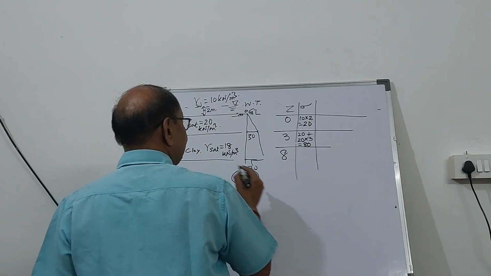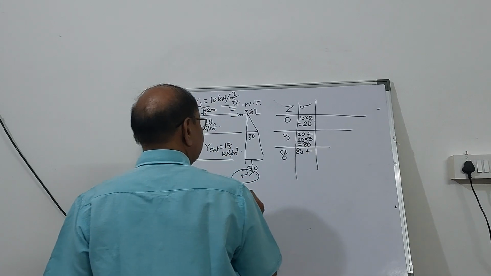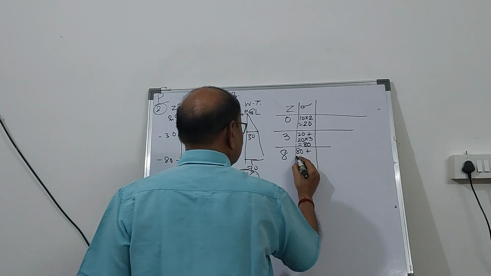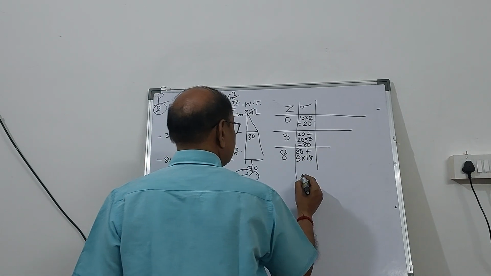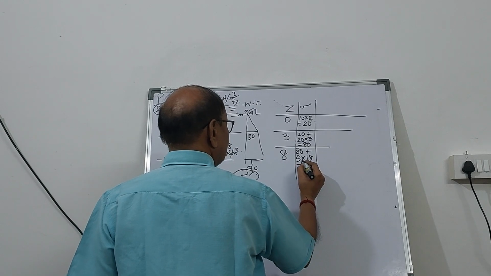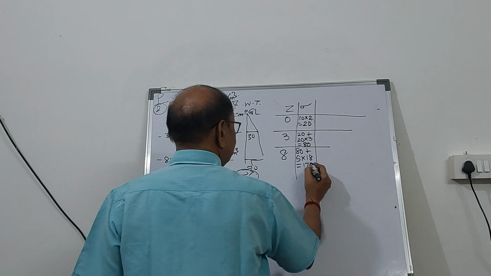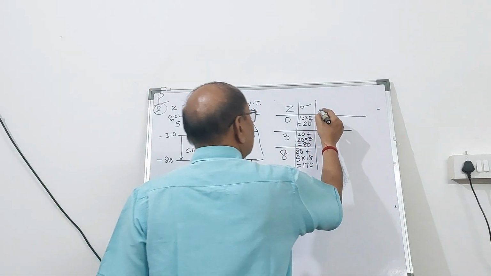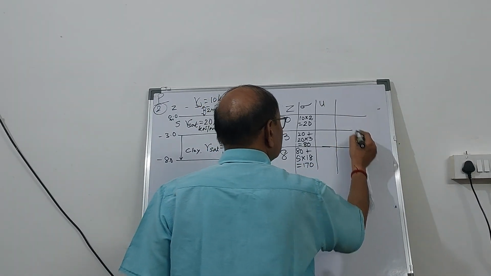And at 8 meter, up to 3 meter it is 80. And for the remaining 5 meter, 5 multiplied by 18, so it becomes 90. 90 plus 80 is 170 kilopascal.